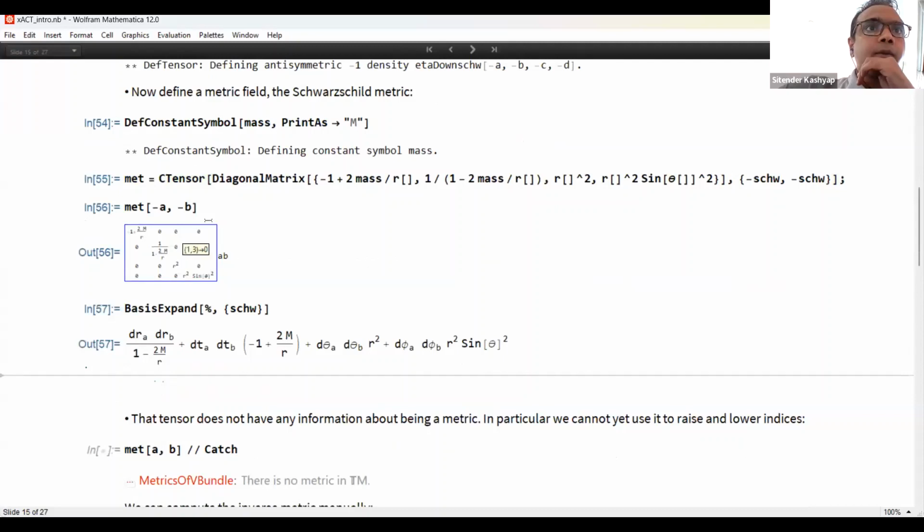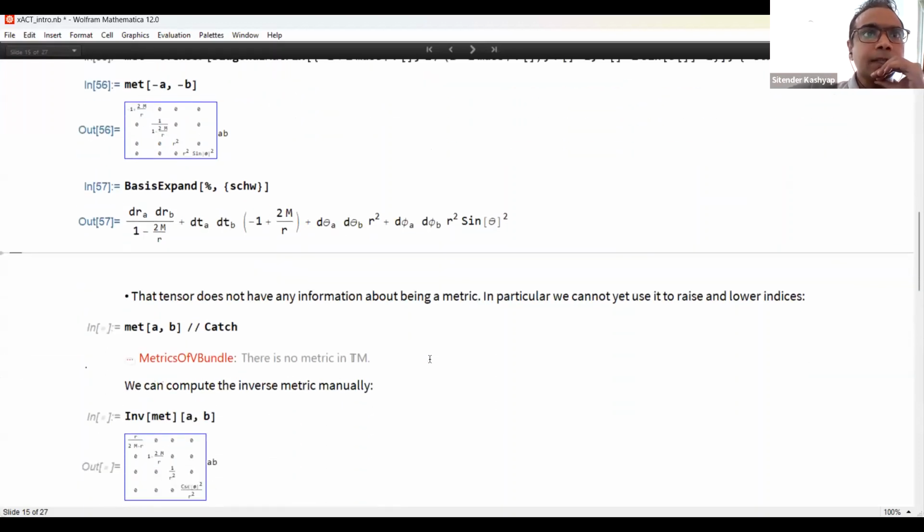When we ask it to basis expand this metric in Schwarzschild coordinates, this gives a standard form, dr squared upon 1 minus 2M upon r, plus dt squared minus 1 plus this thing. But notice that it somehow gives these indices extra. I don't know why. So this I do not know. But anyways, keeping that thing in mind, this is the standard form in which you write the metric in the textbooks or in papers.